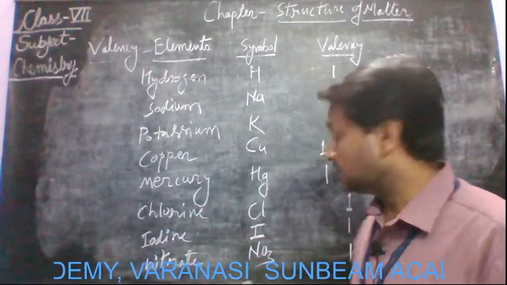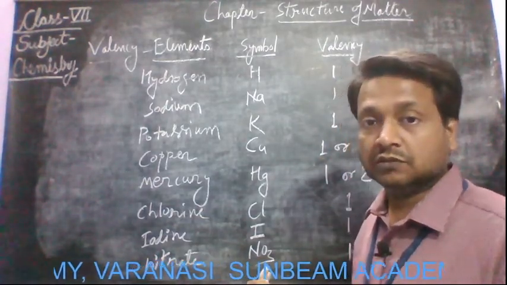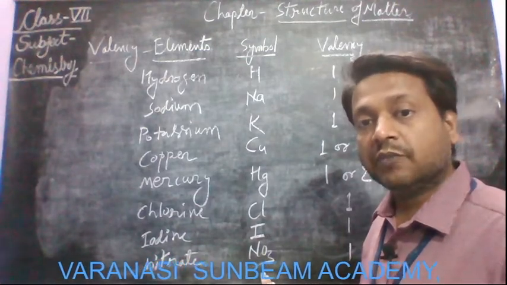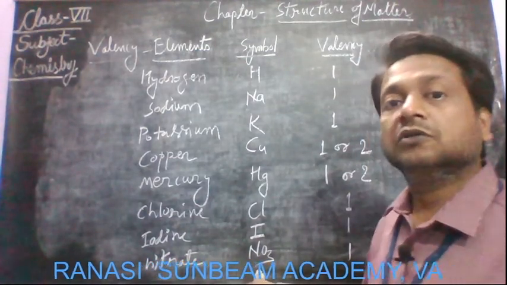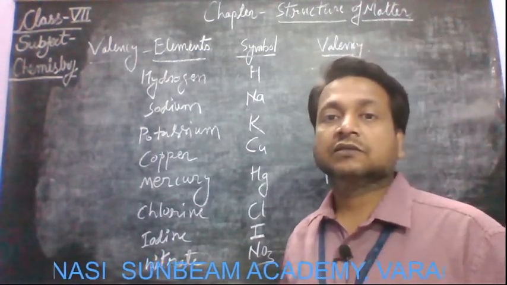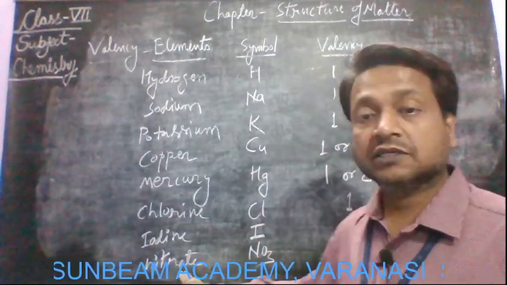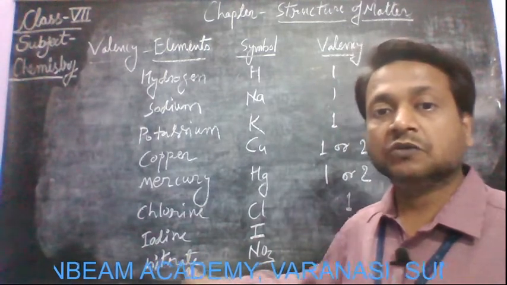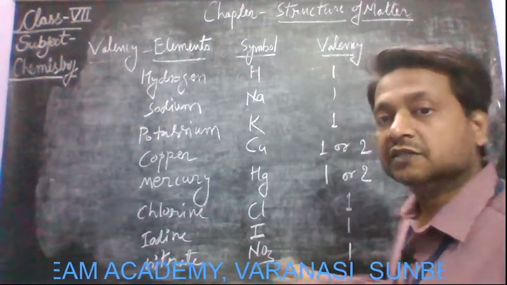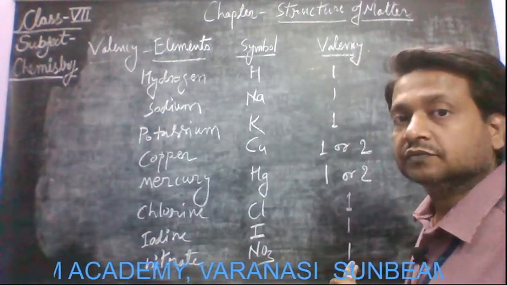You will remember that nitrate is a compound, but this compound is going to join with other elements and form a new compound. That is why it is termed as a group, and the name of this group is nitrate, and its valency is 1.